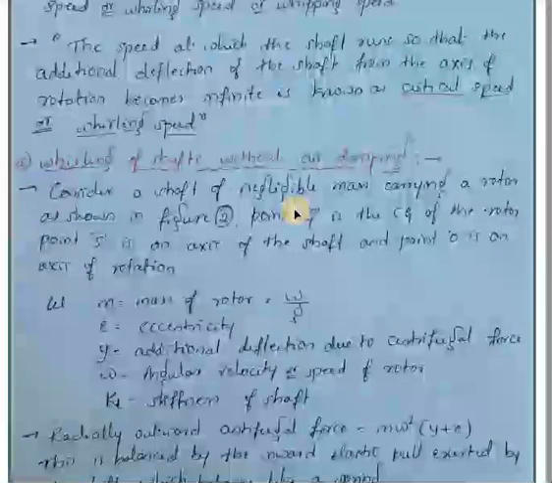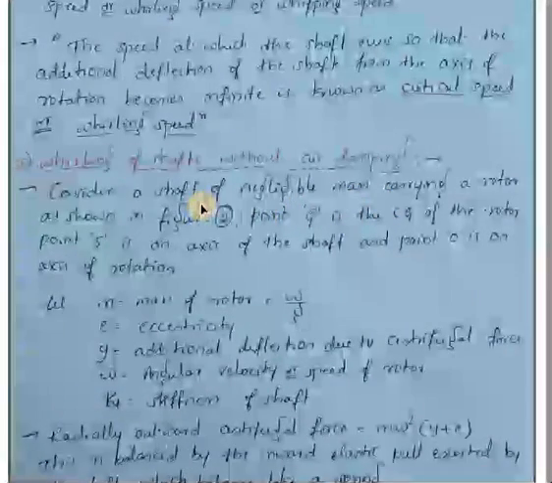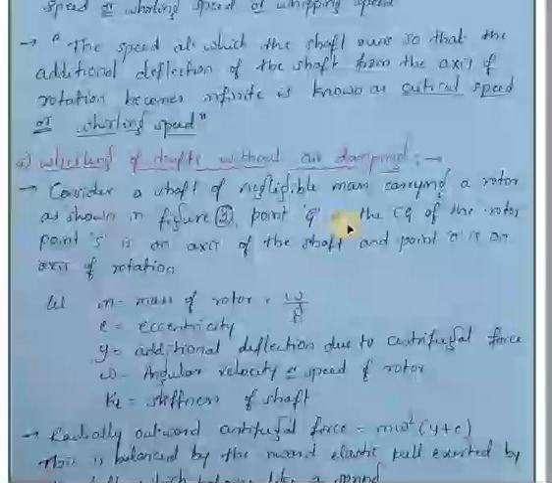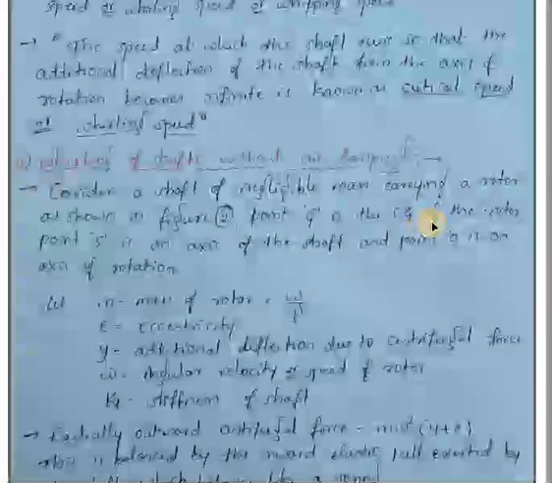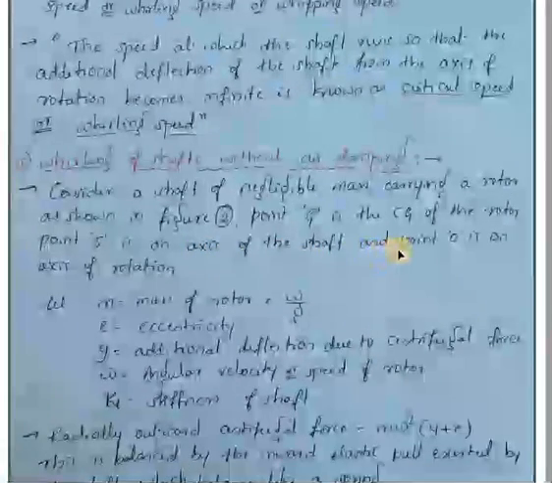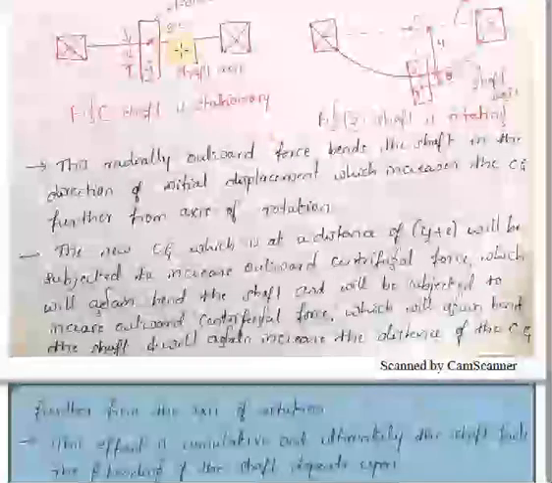Let us consider a shaft of negligible mass carrying a rotor, which is shown in the previous figure. Point G is the center of gravity of the rotor, S is on the axis of the shaft, and point O is on the axis of rotation in this figure.